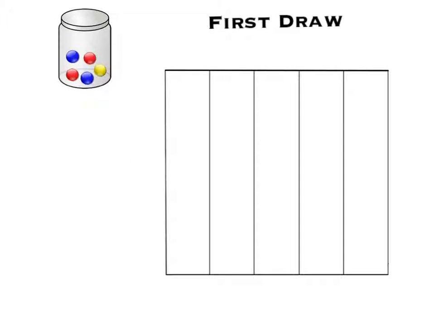So this time we're going to use an area model. Going across the top, we are going to list our first action, the first draw, and there are 5 possibilities, so we have 5 columns. And going across the side, we'll list our second action, which is the second draw.